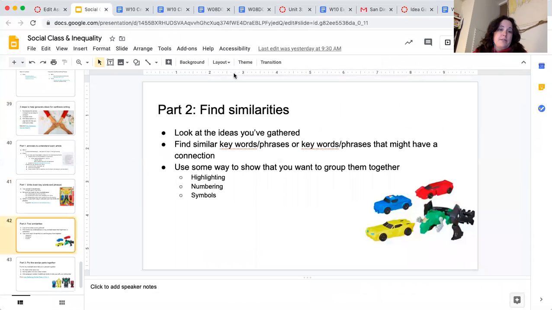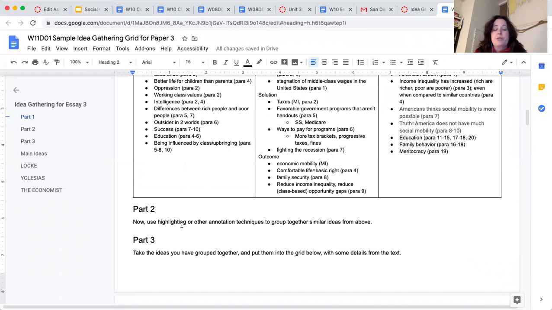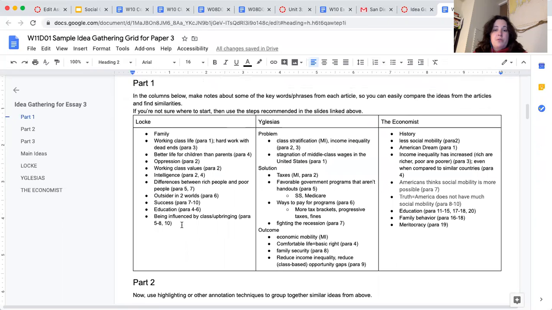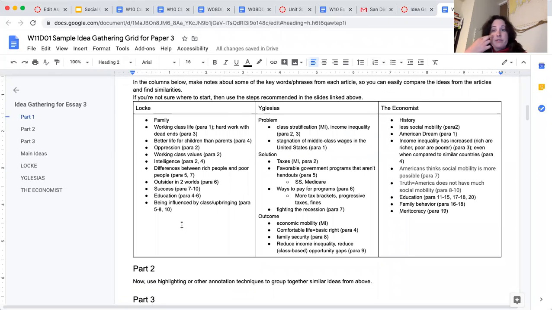And what that looks like is that we're going to follow these directions. We're going to use highlighting or other annotation techniques to group together similar ideas from above. So this might take some revision. We might have to go back and look at the articles a little bit to see what we remembered.